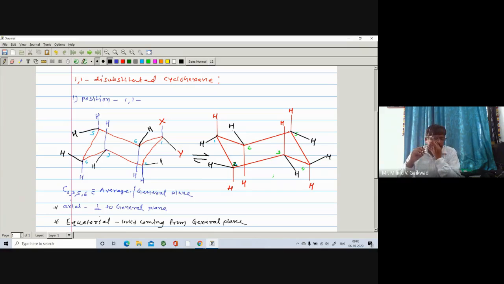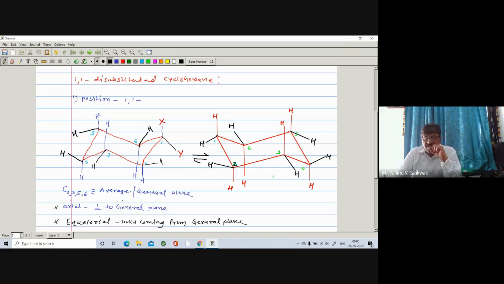In this topic, this point is very important, right? If you understand this, meaning how to draw the structure of cyclohexane and its axial and equatorial bonds, everything is very simple. If you know one, the remaining are all the same.